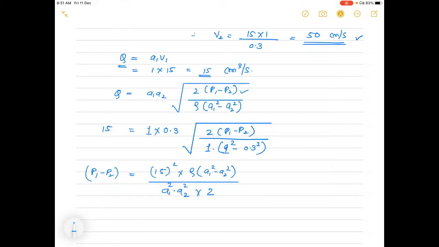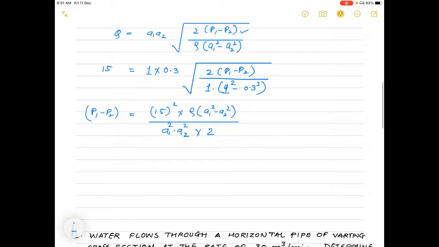By substituting all the terms in the correct place and calculating, I won't write down all the calculated terms. I will directly give you the answer. So we get P1 minus P2 equal to 13.75. This is the pressure difference that we have found out.